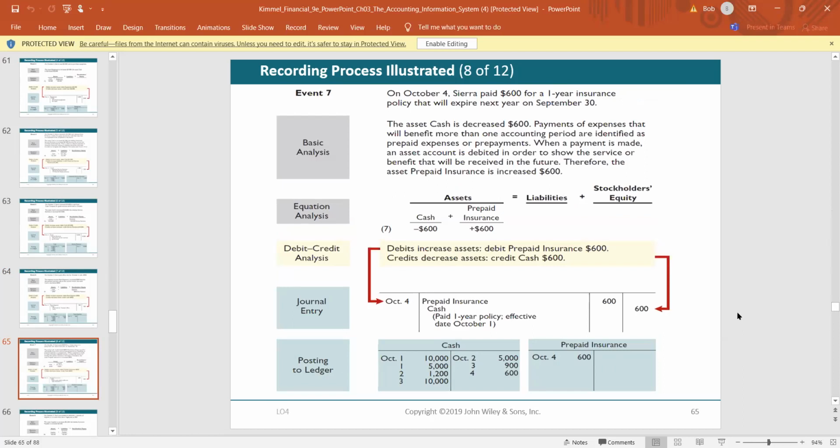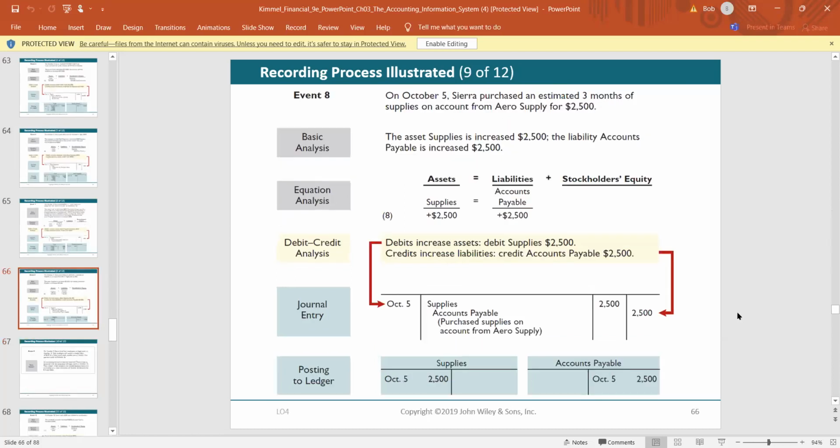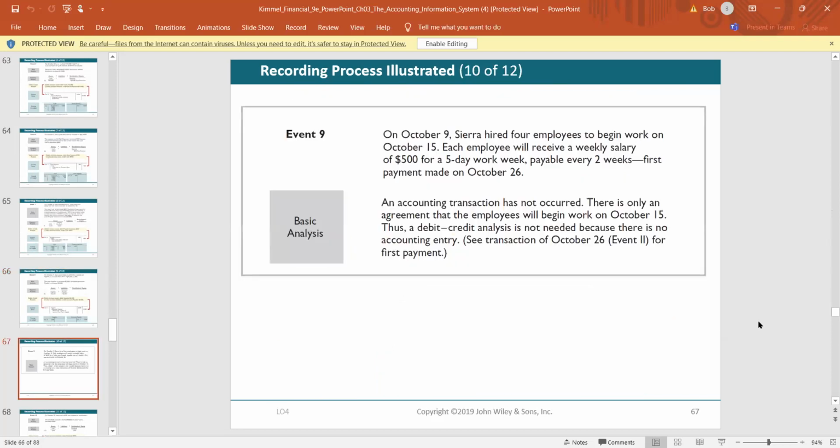Typically, you buy an insurance policy in December to cover you for the following year. So until you start getting the insurance coverage, it's an asset called prepaid insurance. Bought 3 months of supplies. We're going to call that an asset, a current asset. Debit supplies, credit accounts payable, huh?